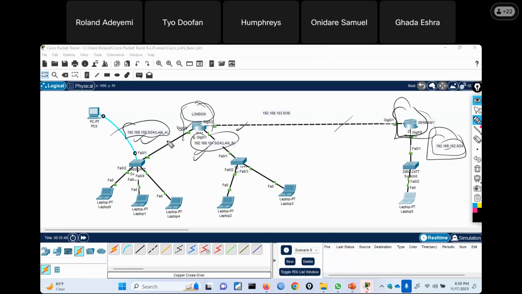So if you see a topology and you have, let's say, 50 networks altogether, LAN and WAN, this is our wide area network now because it's across a wide geographical location from London to Germany. By the time you calculate LAN and WAN, you know that there are 50 networks altogether. Every router must have 50 networks in its routing table.